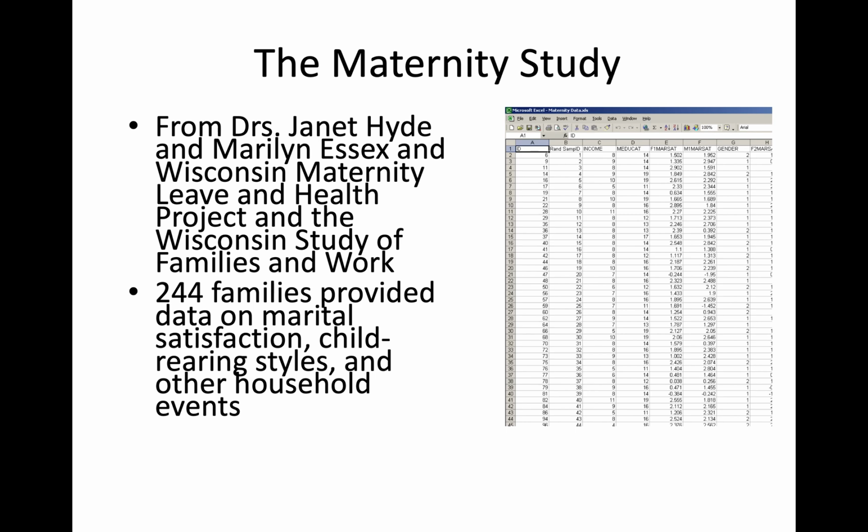They used 244 families, mainly from Madison and Milwaukee, and they studied marital satisfaction and the impact of having a first child on the family. So enormous data sets, real data sets. They have some pimples in them, some problems, some issues, and we'll be talking about all those things as we go.